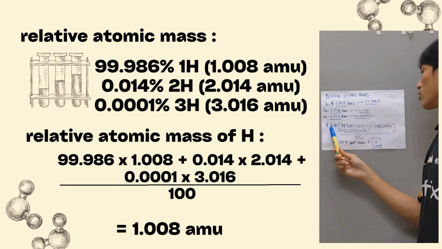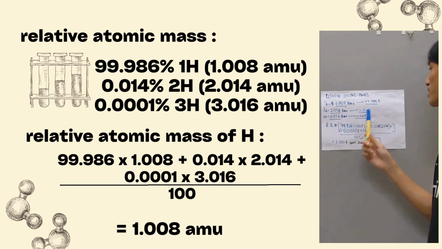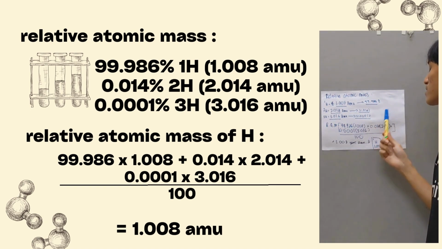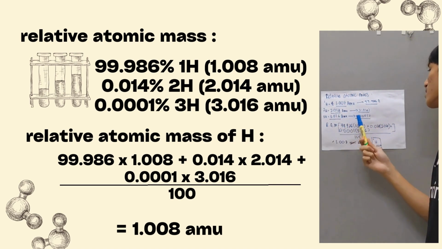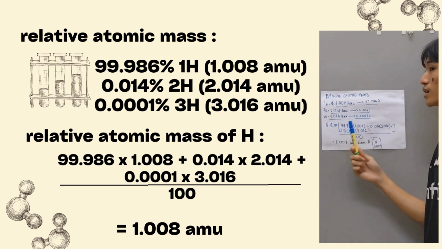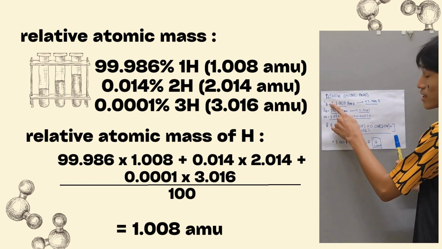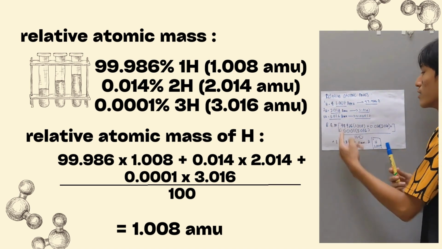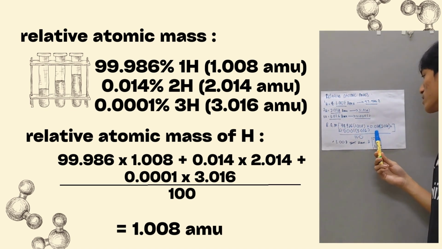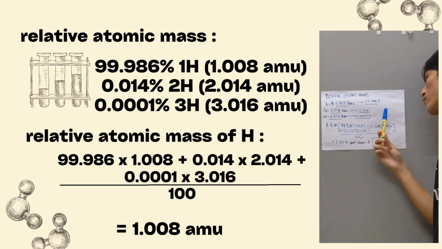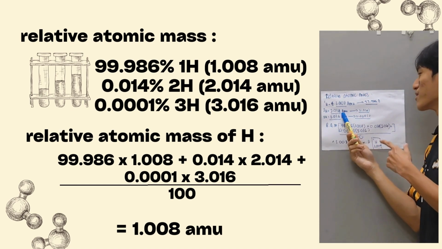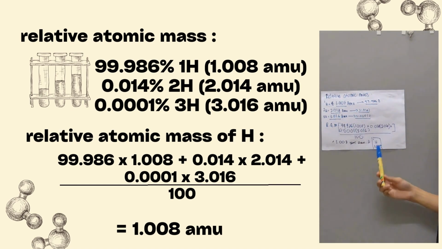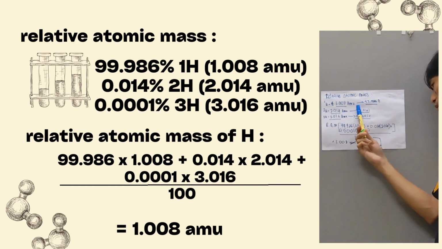So how do we calculate it? For relative atomic mass, we take the percentage times the atomic mass given, plus the percentage for the other hydrogen times its atomic mass, such as 0.014% times 2.014 atomic mass units, and so on. We need to calculate all of these.